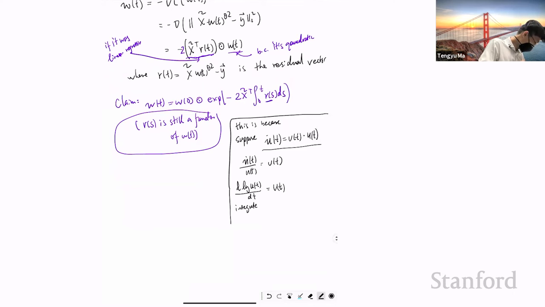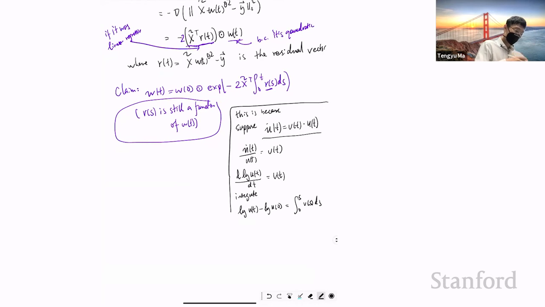If you integrate, you get log of u_t minus log of u_0 equals the integration of the right-hand side, like this. And now you remove the log, you get the exponential. So u_t over u_0 is the exponential of the integration of this.